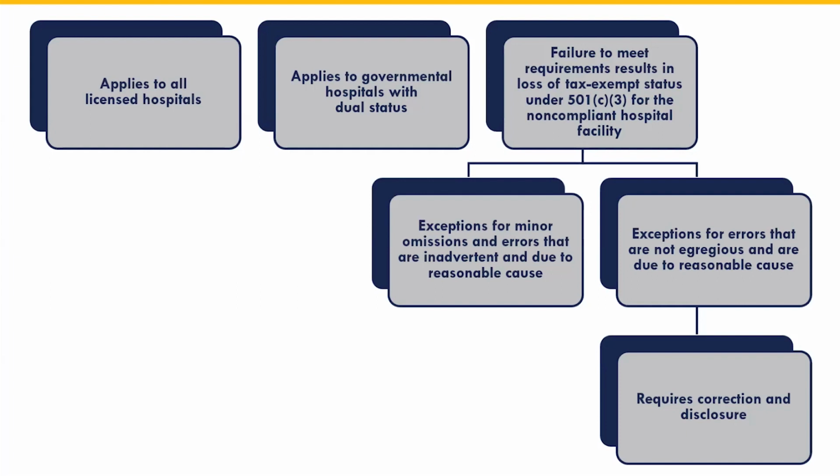There's also an exception for errors that aren't egregious and are due to reasonable cause. These types of errors you need to correct, and then you need to disclose that you had that error on your tax return. So an example that they would give there is an organization conducted its community health needs assessment.